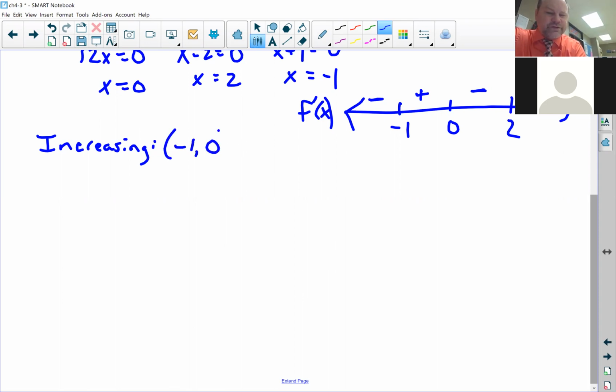And so I'm just going to use interval notation. We are also increasing on the interval from 2 to positive infinity. We never include the endpoints because at -1, at 0, at 2, our function is not increasing or decreasing. It's holding steady just for that split second that it's at those values.